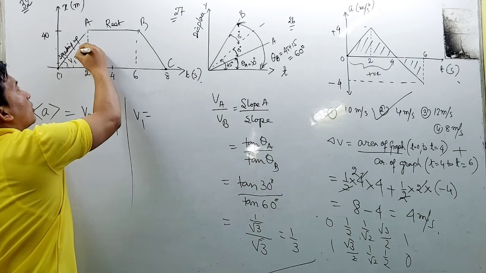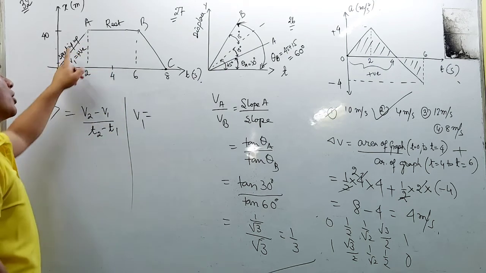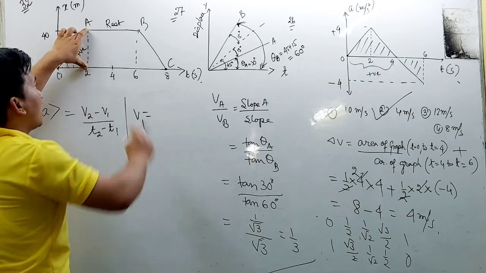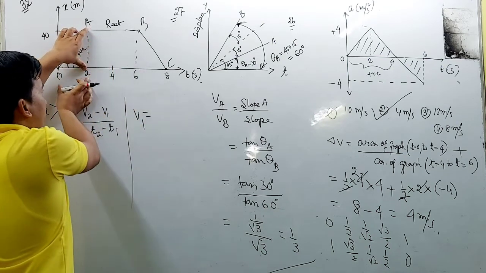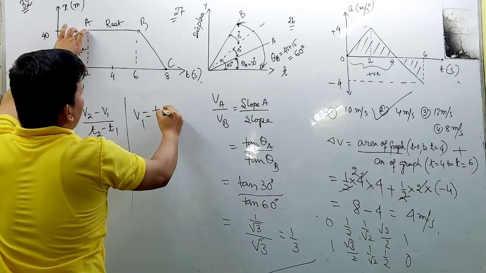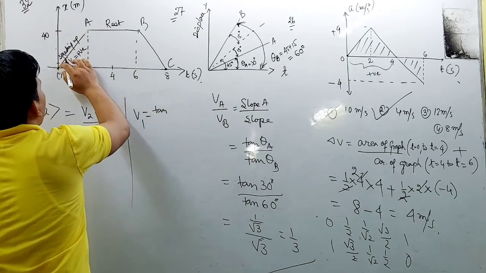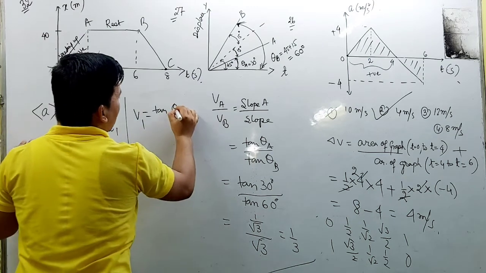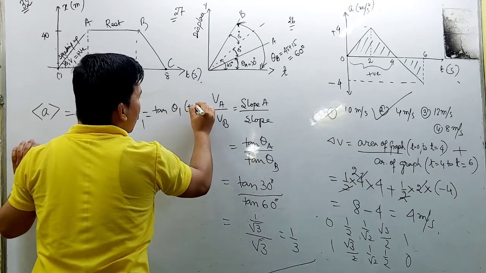The slope is positive, therefore our displacement by time is positive. The displacement is 40 meters, the slope is tan of theta 1, and this must be positive in nature.